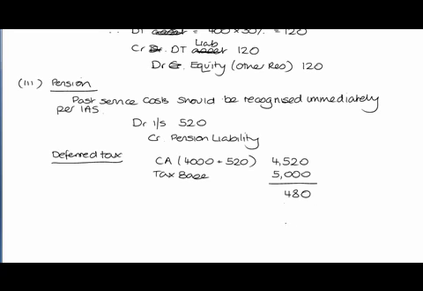So here we've got a negative figure of 480. This is a taxable temporary difference because we're dealing with a liability.